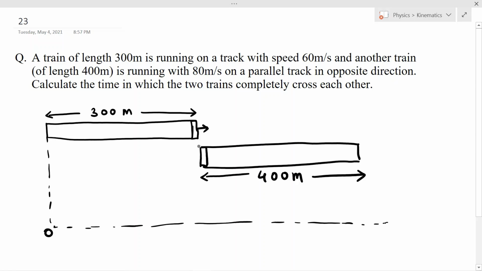Now when the tail of this 400 meter train meets the tail of this 300 meter train, then we should stop our measurement, because that's the time when the two trains will completely cross each other. So these 2 points, the tails of these two trains, should meet.